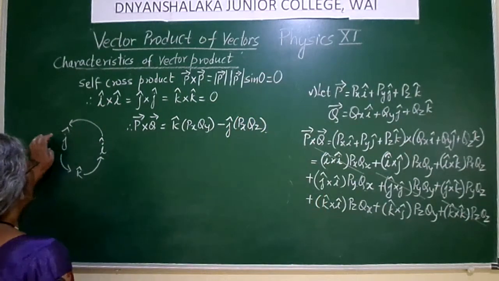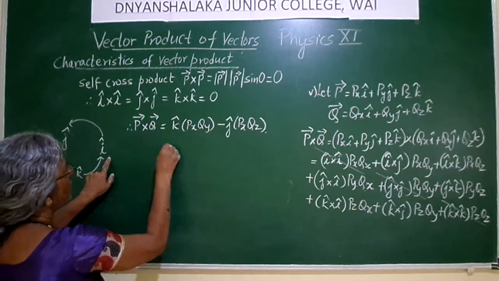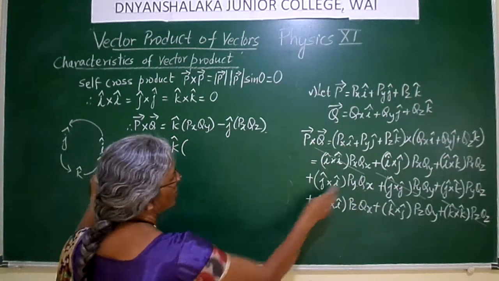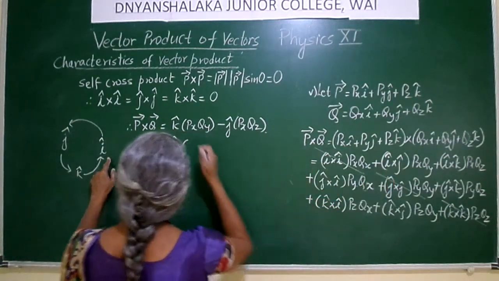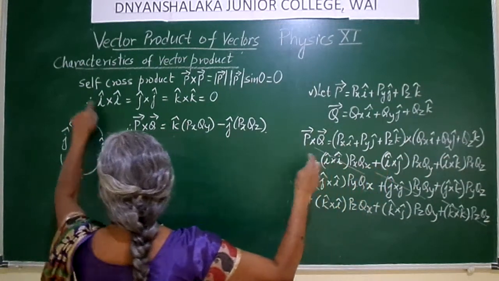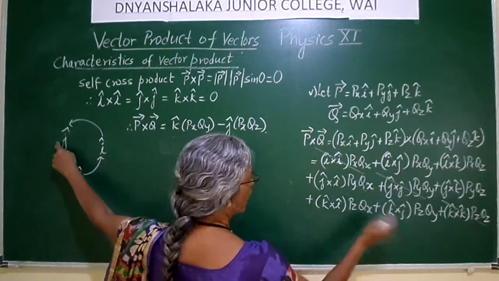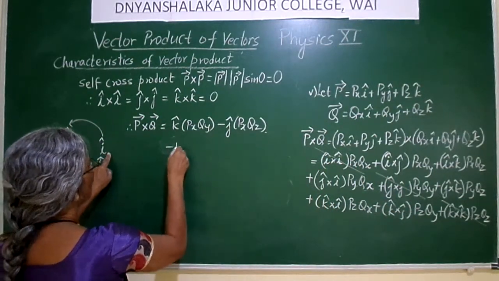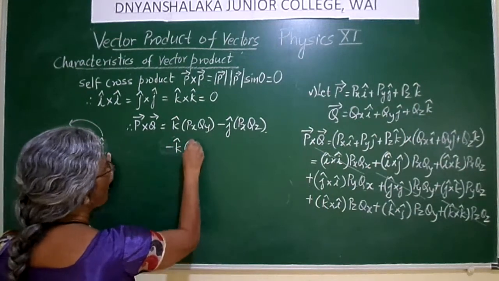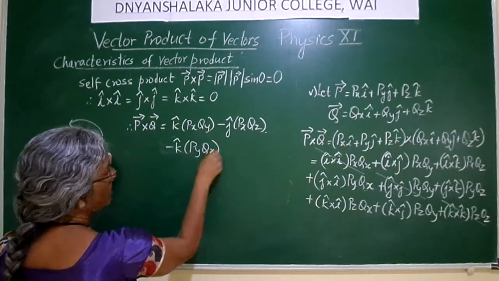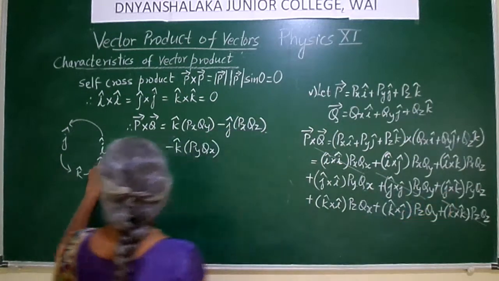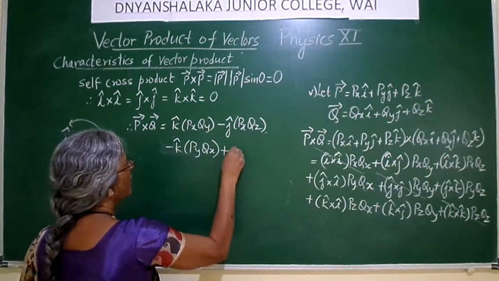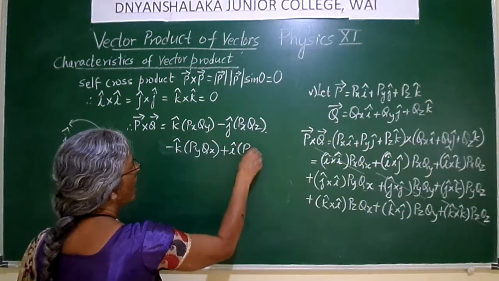Vector j cross vector I is minus vector k into py qx. Now vector j cross vector k will be plus vector I into py qz.